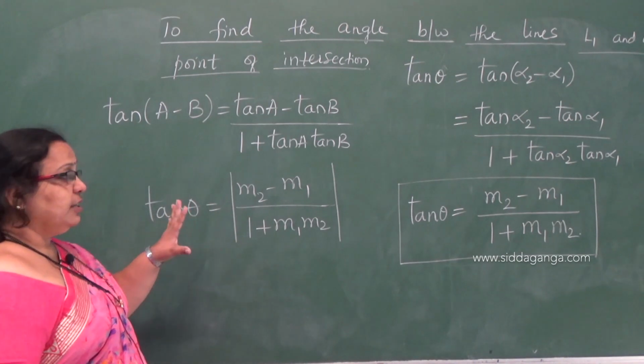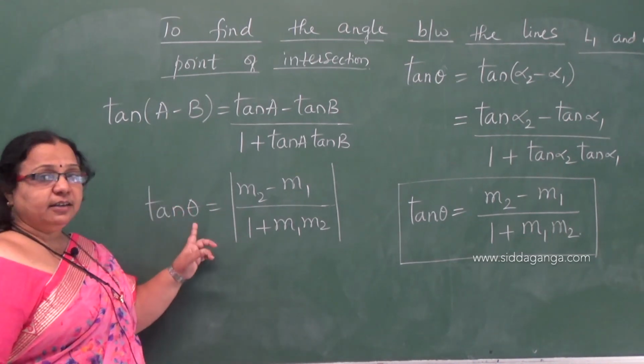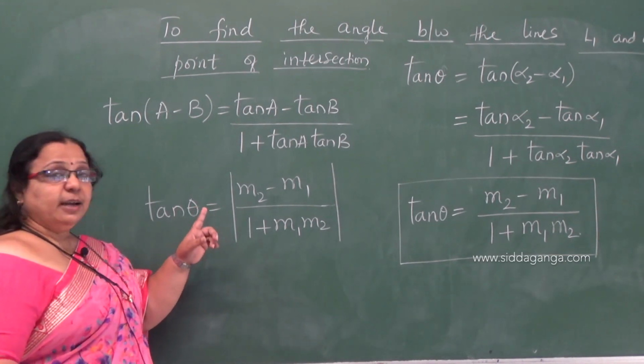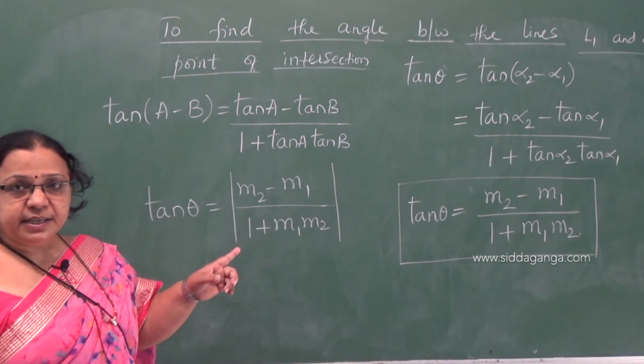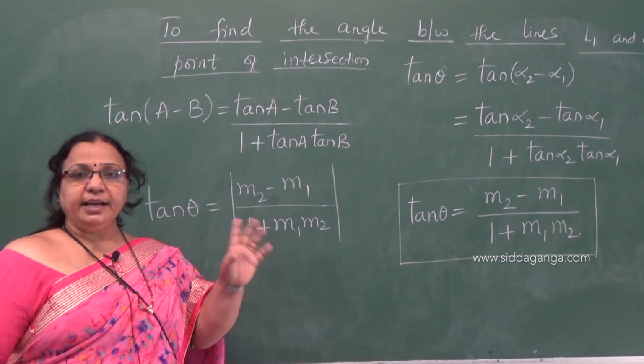Now this result gives the acute angle between the two lines, where m1 and m2 represent the slopes of the given two lines.